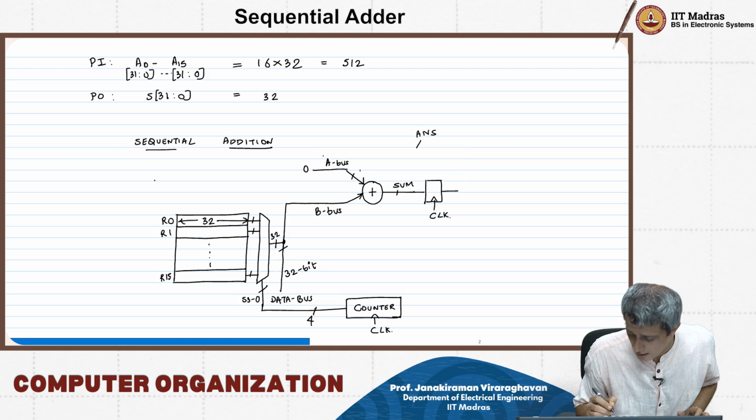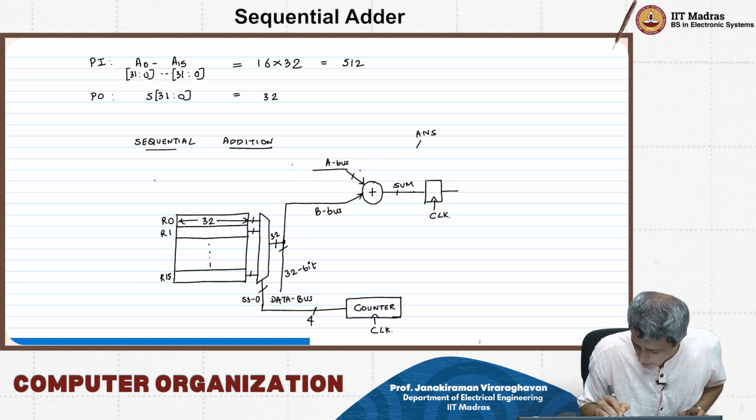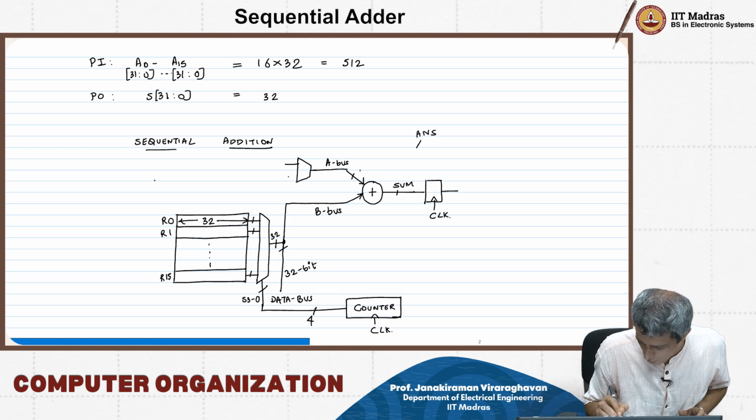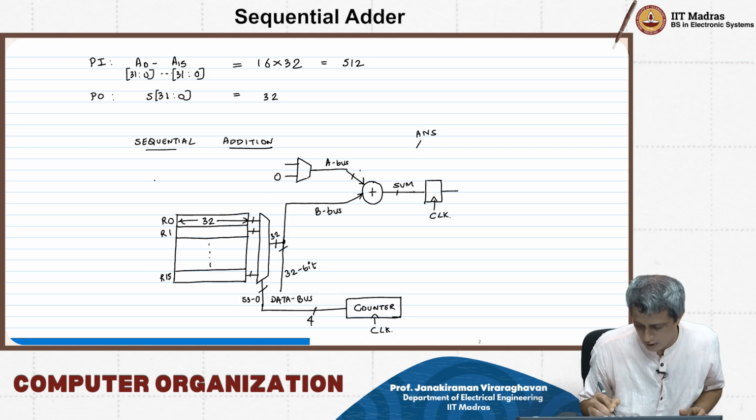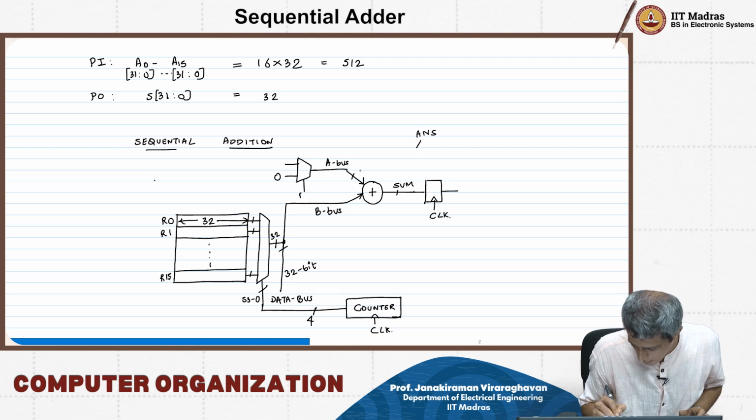So for that reason, I am going to now put a multiplexer here that is going to just select like this. This is 0, this is reset.